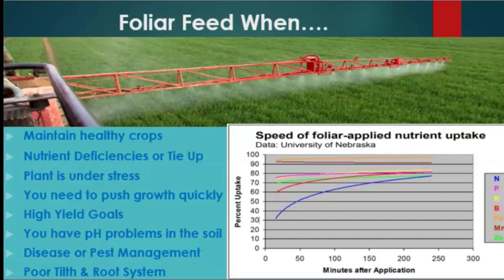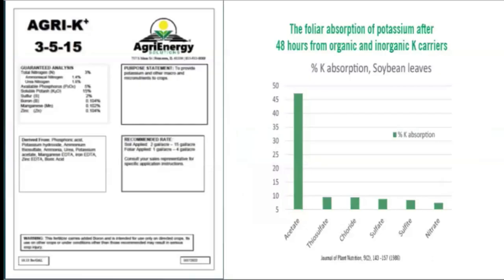One other, timing is important. AgriK Plus is the foliar product. It's a potassium acetate product. It also has traces in there: boron, sulfur, manganese, and zinc. The potassium acetate, if you look at this from the Journal of Plant Nutrition, kind of shows the different forms of potassium and what their carriers and what that availability is.